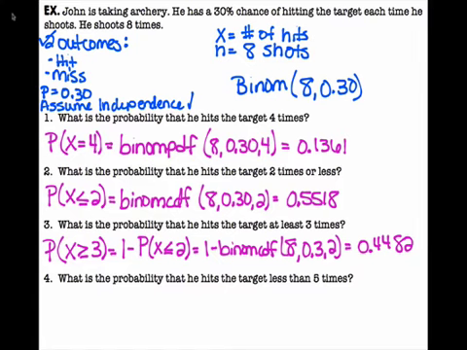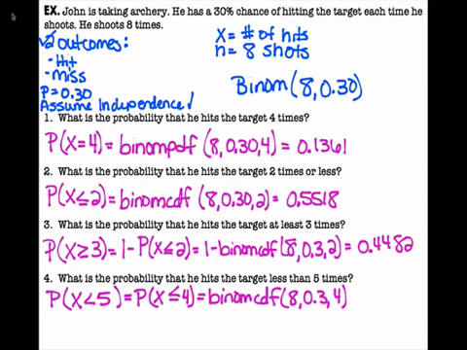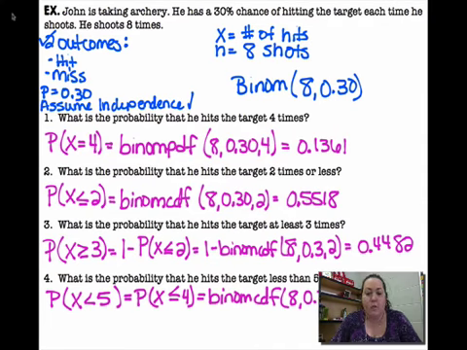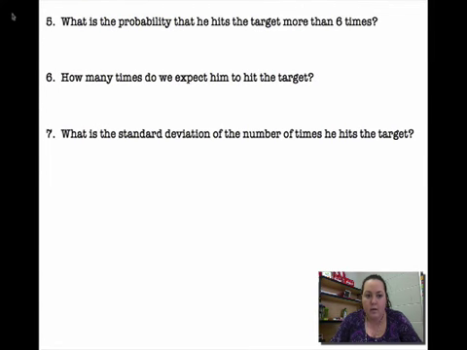What is the probability that he hits the target less than 5 times? So the probability that X is less than 5, which would be the probability that X is less than or equal to 4. Okay, because we have to have it equal to a value. So it's going to be a binomial CDF, 8, 30%, and then 4, which gives me 0.9420.